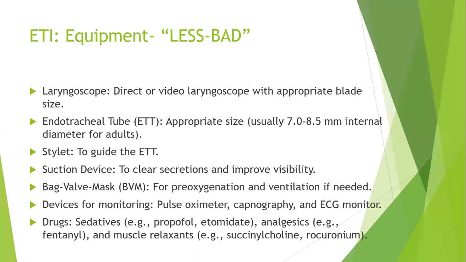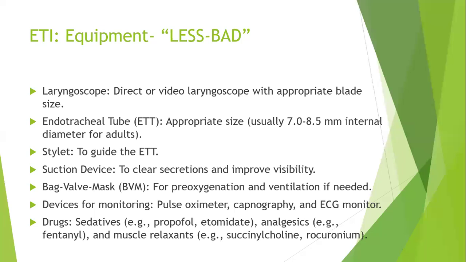So laryngoscope, all right, direct or video laryngoscope with appropriate blade size, is crucial for airway management in the ICU. Different endotracheal tubes, appropriate size, like we're taught in anesthesia. You want to get the appropriate size, then one above and one below.